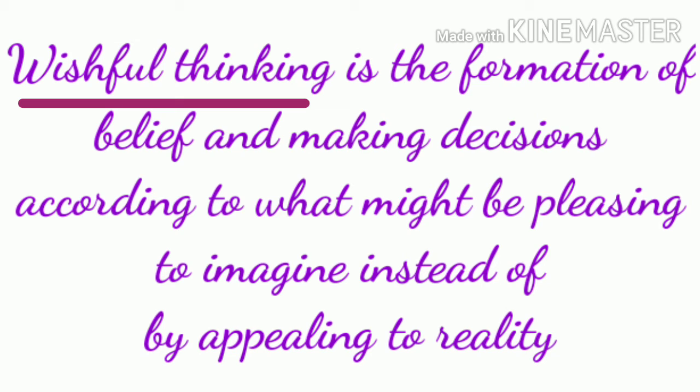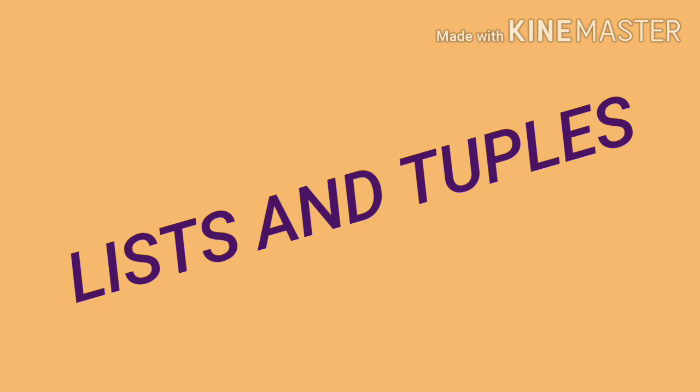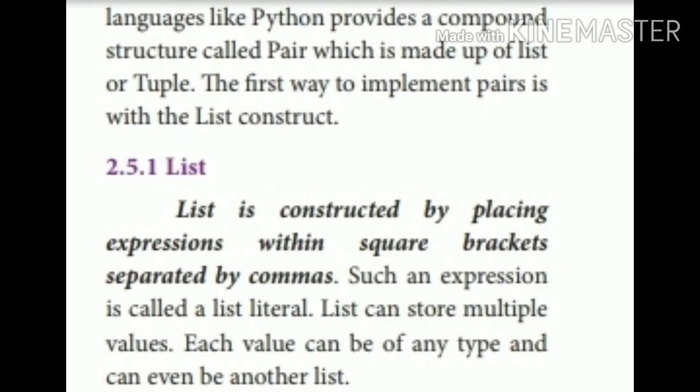The next concept is list and tuples. To enable us to implement the concrete level of data abstraction, some programming languages provide a compound structure that is named as pair. Python provides that compound structure. This pair is made up of list or tuple. In the first method, we implement the pair using list.